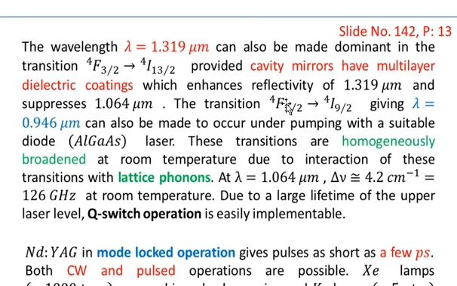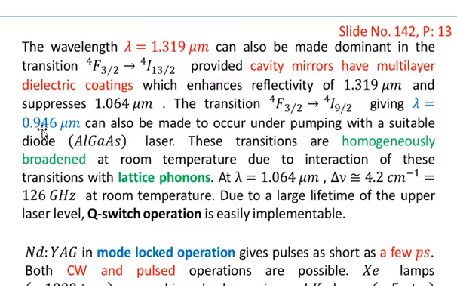The transition from 4F3/2 to 4I9/2, giving a wavelength of 0.946 micron, can also be made to occur under pumping with a suitable diode, for example an aluminium gallium arsenide laser.